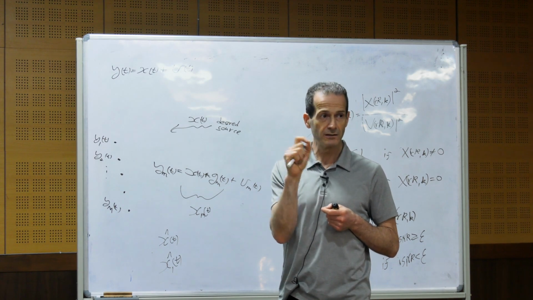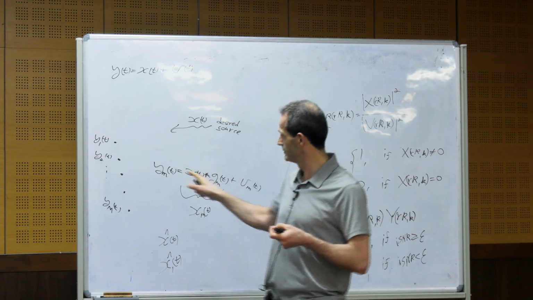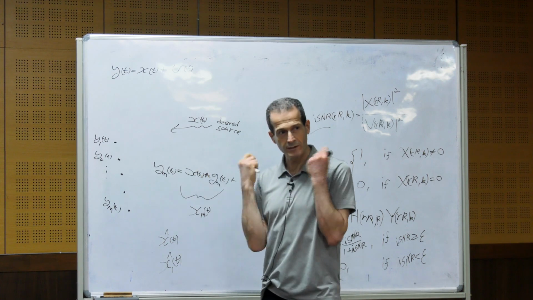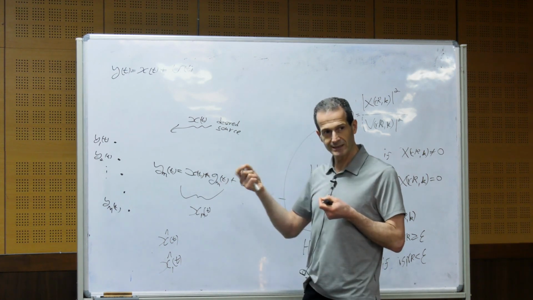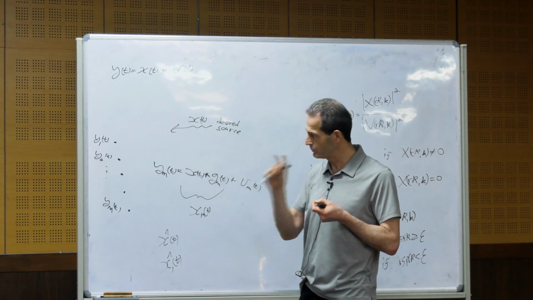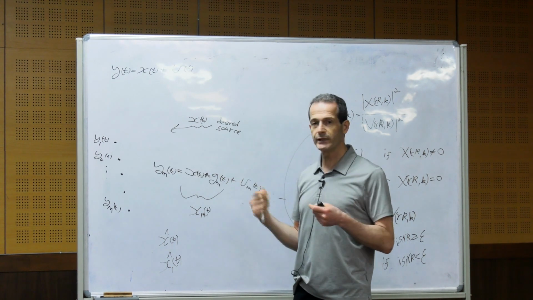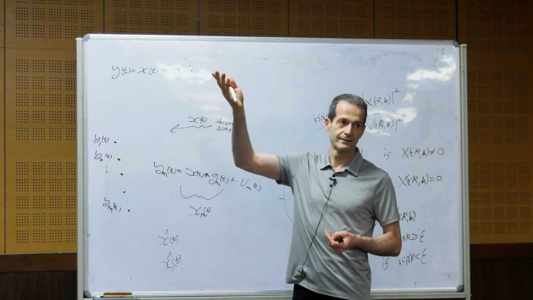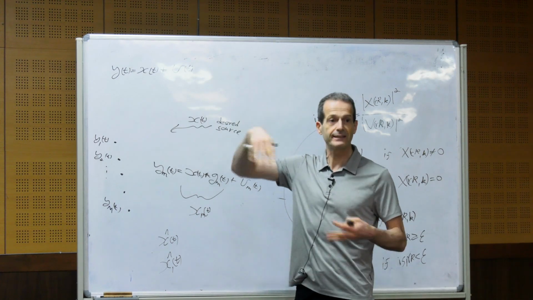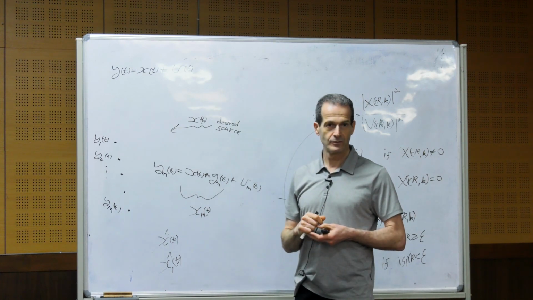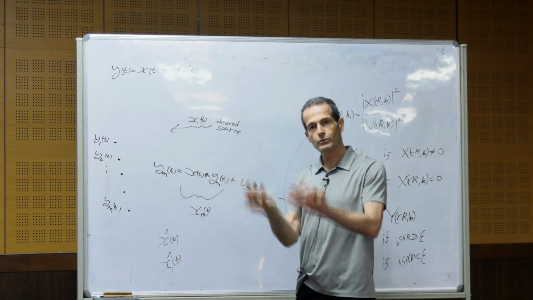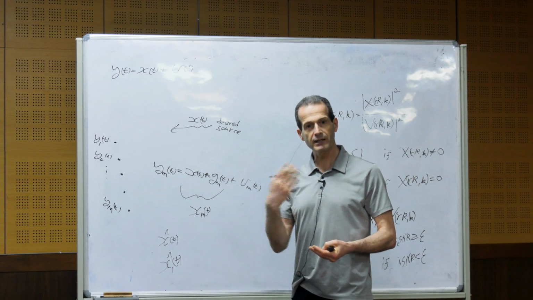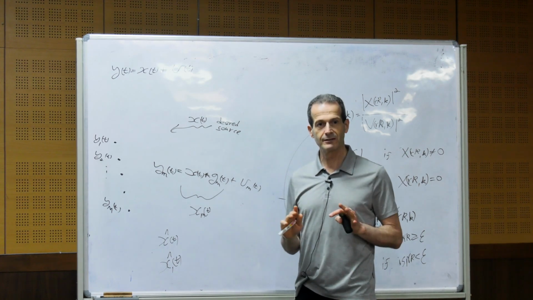A small error in the input, what does it mean? Noise. A noisy measurement, a small error in the input and the measurement will create high error, high noise at the output. Which means that after deconvolution, you increase the noise by a factor of the condition number.